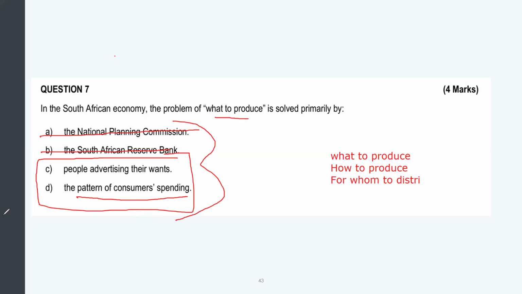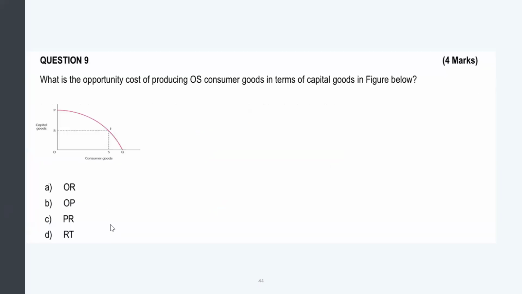All right. Then let's go to the next question. So this is question number 9. What is the opportunity cost of producing more consumer goods in terms of capital goods in the figure below? So we've got a diagram.